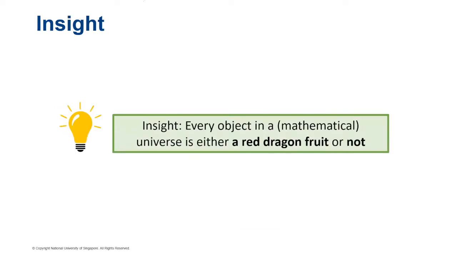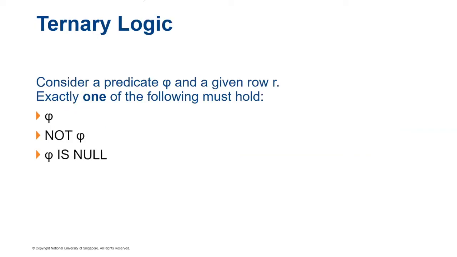So the insight here is that every object in the universe is either a red dragon fruit or not, right? I mean, this pizza here, for example, is not a red dragon fruit. And we can use this insight to also test the implementation of database systems. Namely, now we have any kind of random predicate phi. So we no longer check whether something is a red dragon fruit, but any kind of predicate and a given row R rather than a fruit in a bowl. Then exactly one of the following must hold.